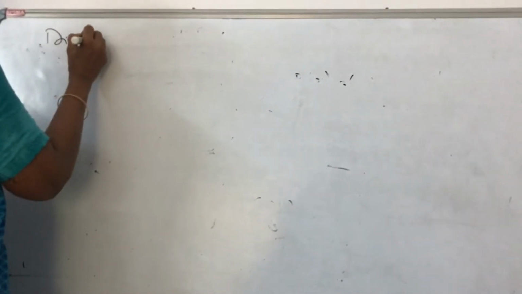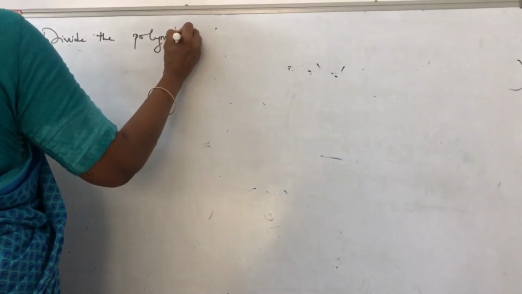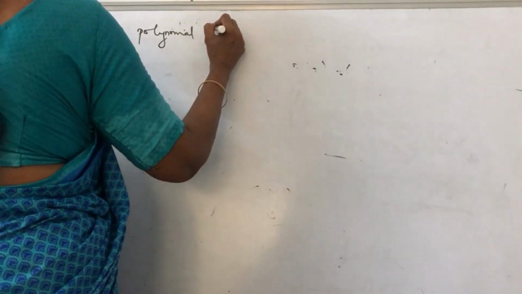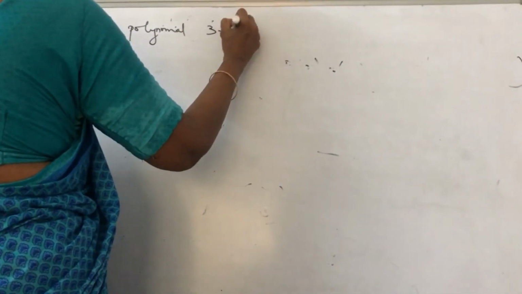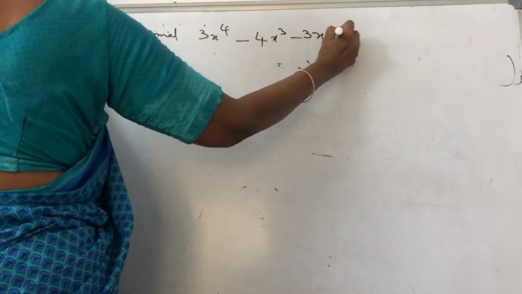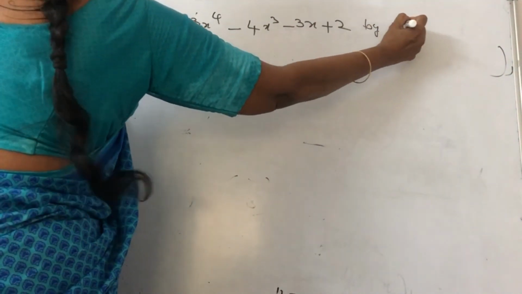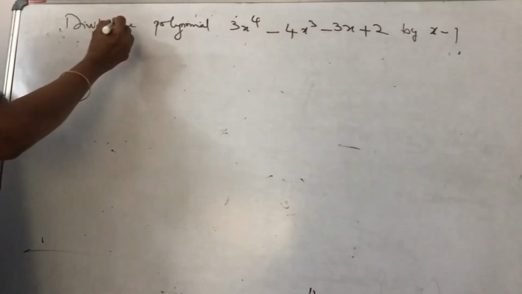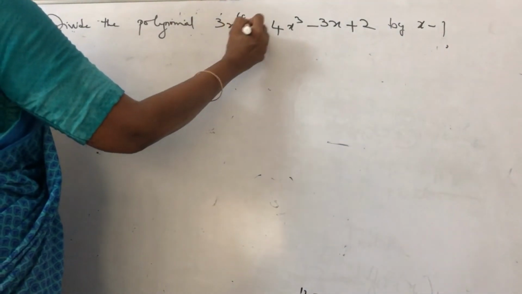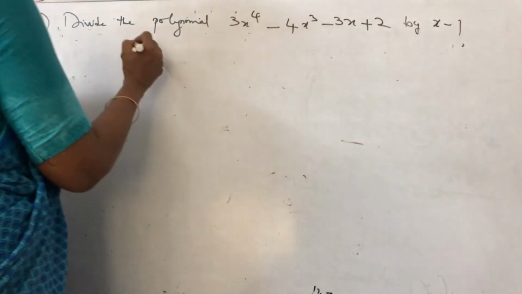Divide the polynomial 3x to the power of 4 minus 4x cube minus 3x plus 2 by x minus 1.